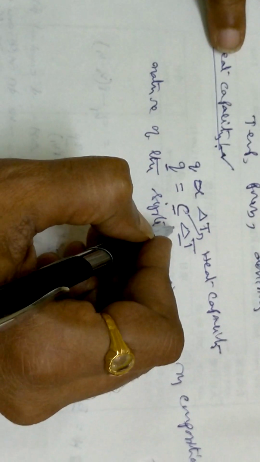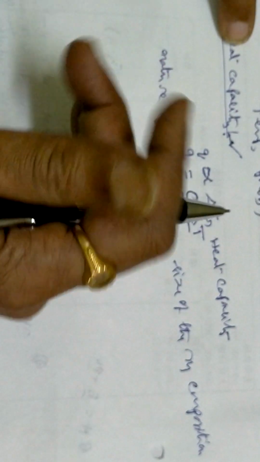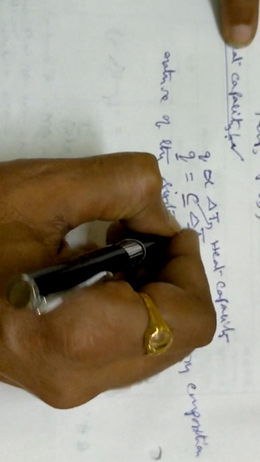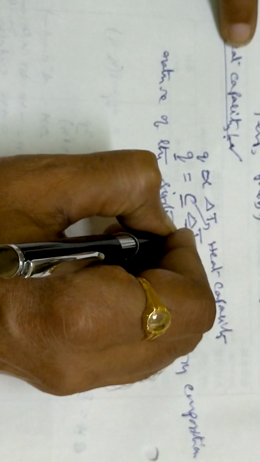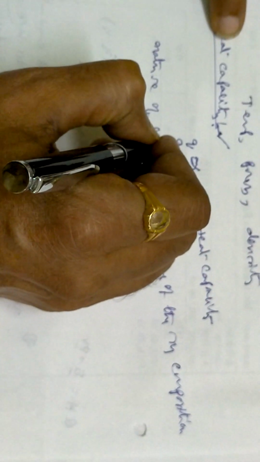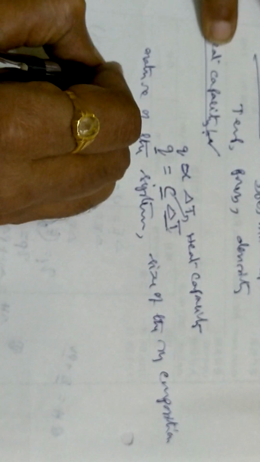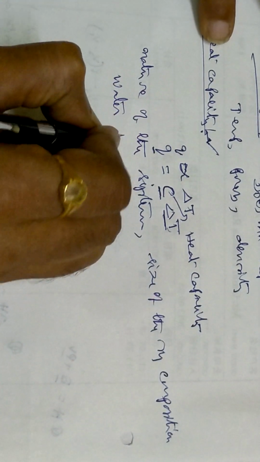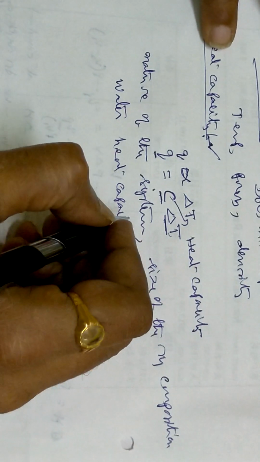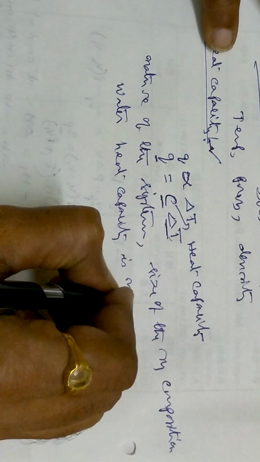More clearly, suppose I am giving heat to three substances: alcohol, kerosene, and water. Whichever substance has more C, its increase in temperature will be less. The product is a constant, whatever we have given. So water's heat capacity is more, meaning its carrying capacity is more.